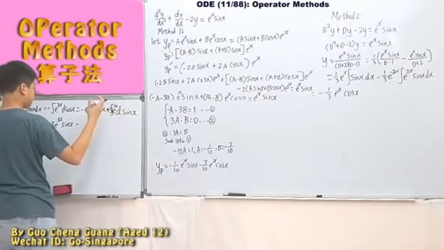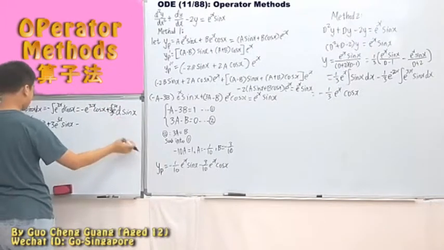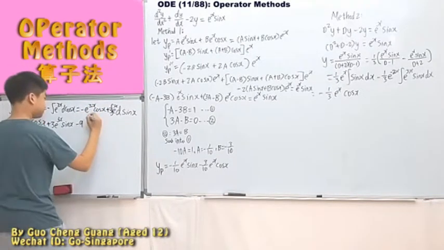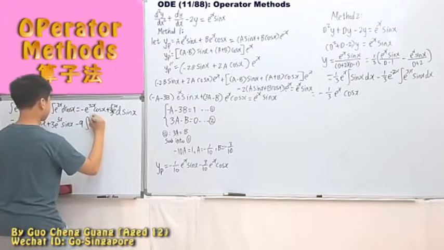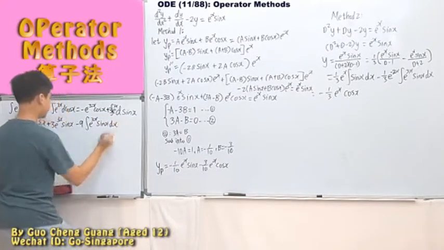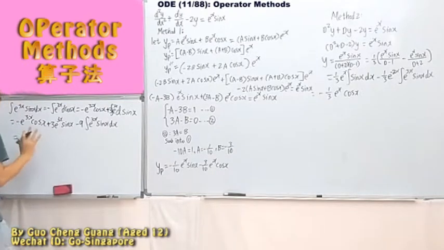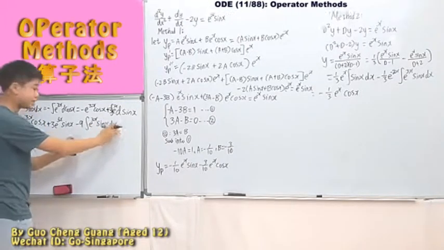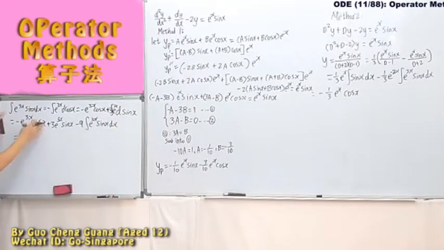After you take the e to the power of 3x out again, so you get 9. After here it is e to the power of 3x, then sine x dx. So for the next part over here, you can take it as a simple algebraic equation, like just one thing. Then you realize here's another of the same thing, so take it to the other side.